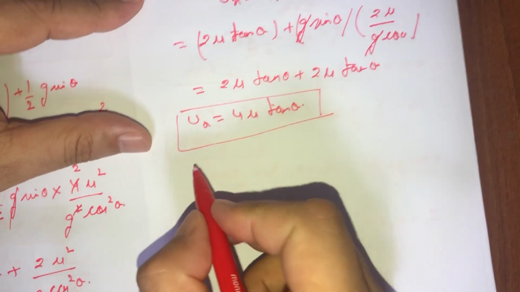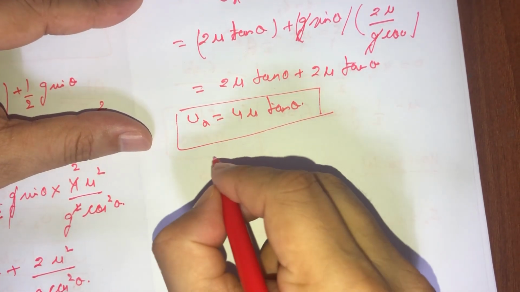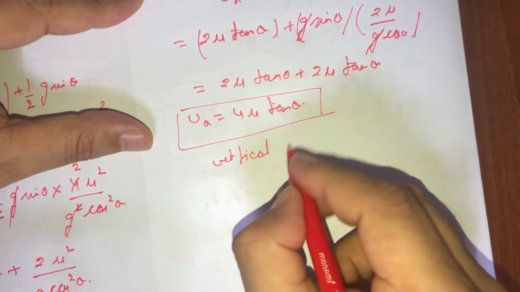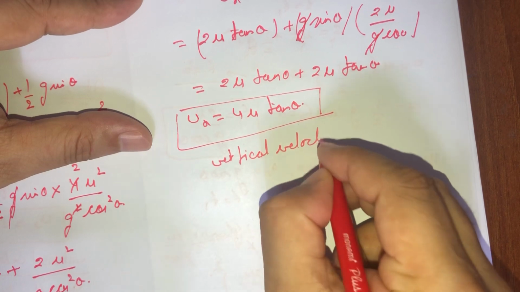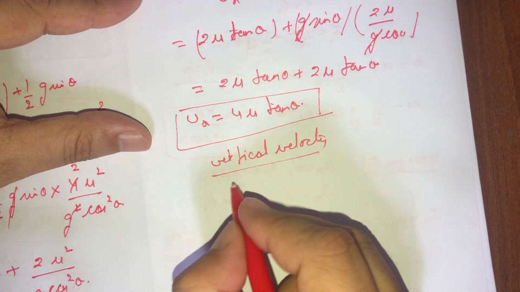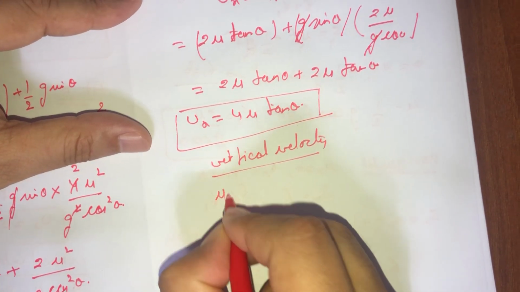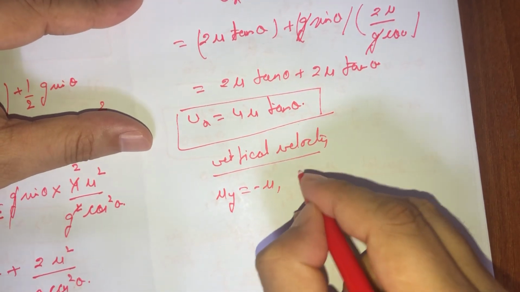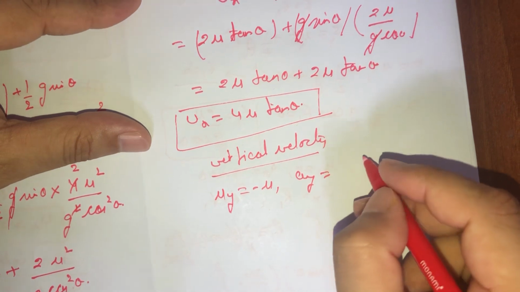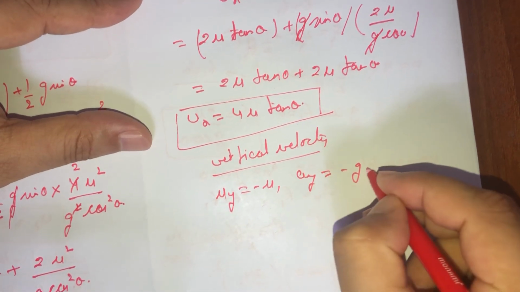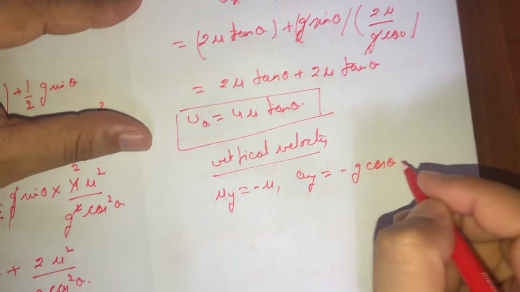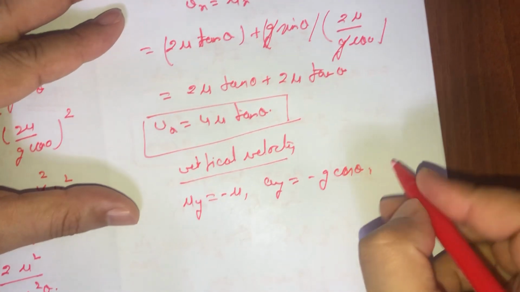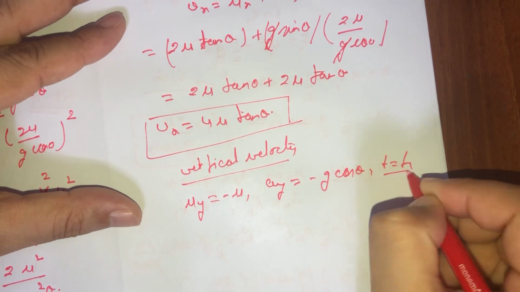Now we find the vertical velocity. We know that u of y is minus u, a of y is equal to minus g cos theta, and time t is equal to t1.